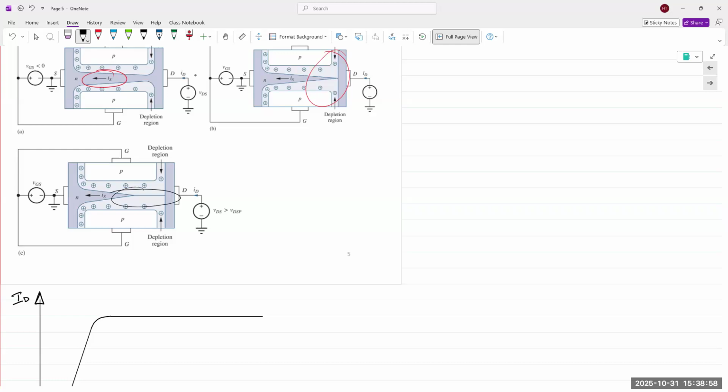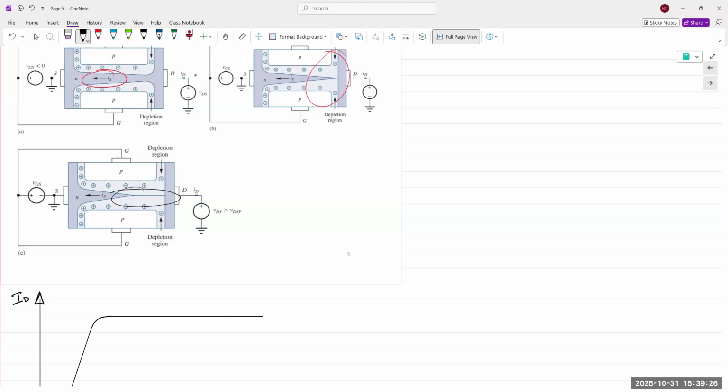Drift is the effect of charge carriers moving or drifting in response to an applied electric field. Diffusion is a response where there is an imbalance of concentration, or a gradient in the charge carrier concentration, meaning the charge carrier concentration is high at one end and low at the other end. And so the carriers diffuse from higher concentration to lower in an attempt to even out that concentration.